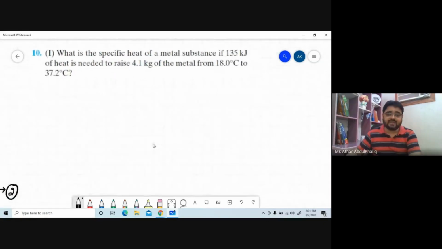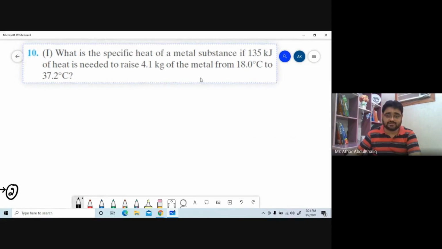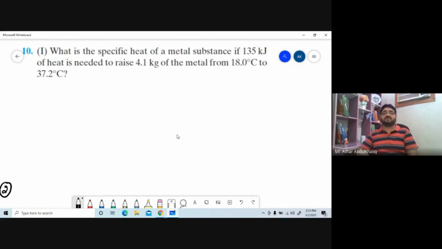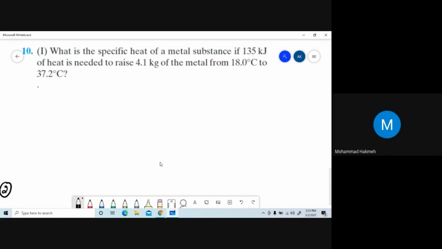Now, when we are talking about the specific heat of substances, question number 10: what is the specific heat of the metal substance if 135 kilojoule of heat is needed to raise 4.1 kilogram of metal from 18 to 37.2 degrees? First of all, the mass is 4.1 kg.